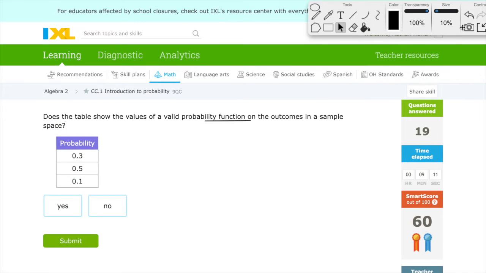Okay, so this is where we start to change a little bit. Does the table show the values of a valid probability function on the outcomes in a sample space? So basically, are these options here valid? Are they usable? We said that probability has to be between 0 and 1, like 0% to 100%. And that also means all these different outcomes. So let's say you're flipping a coin.